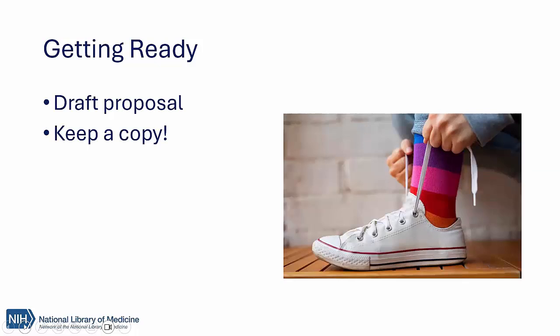Now, here's my big warning. The NNLM online application has no save feature. You cannot save it and return to it later. We recommend that you become familiar with the requirements of the proposal and draft each part in a Word doc or similar program. And then you can copy and paste it into the online form when you are finished.